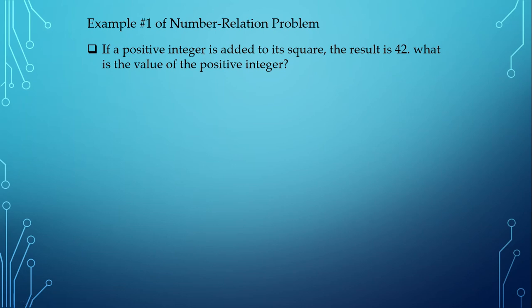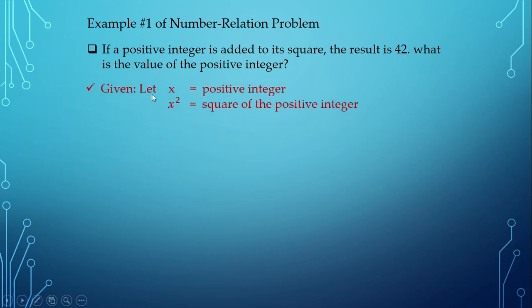Given, we will let x be the positive integer. The positive integer is represented by x, added to its square.